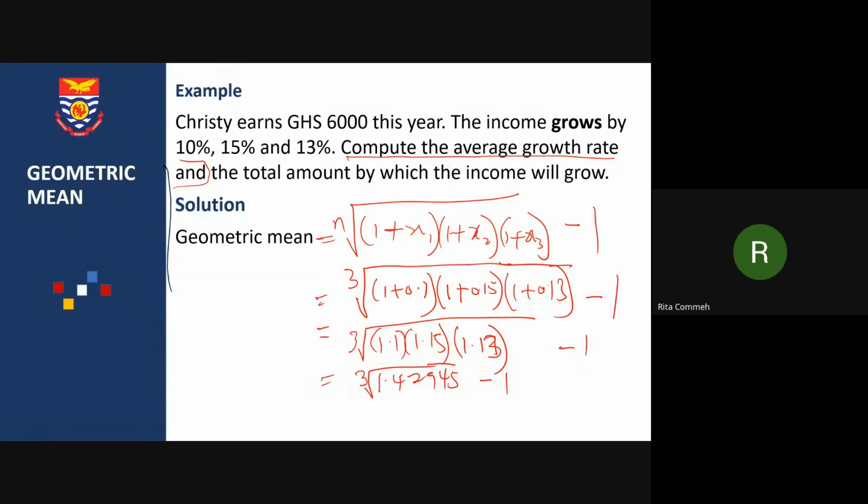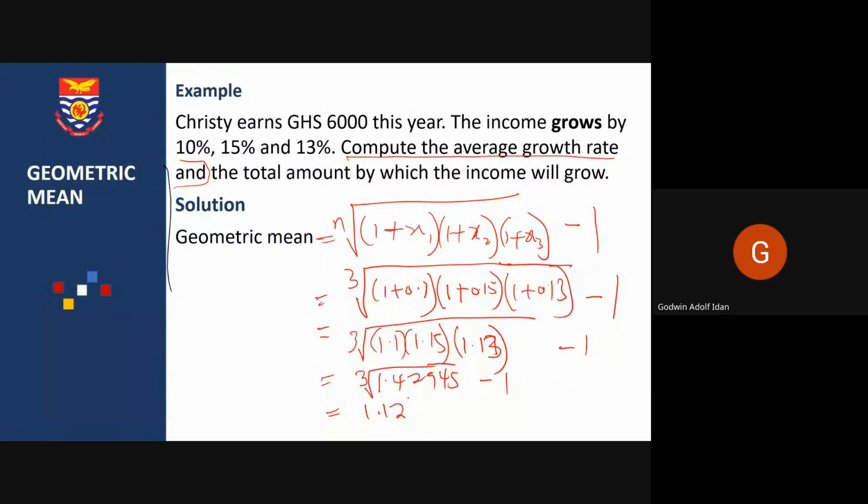Please, I also tried and had 3.59. Please, what did you get? The cubic root, I had 1.126478714. That's the figure I'm looking for. 1.126.